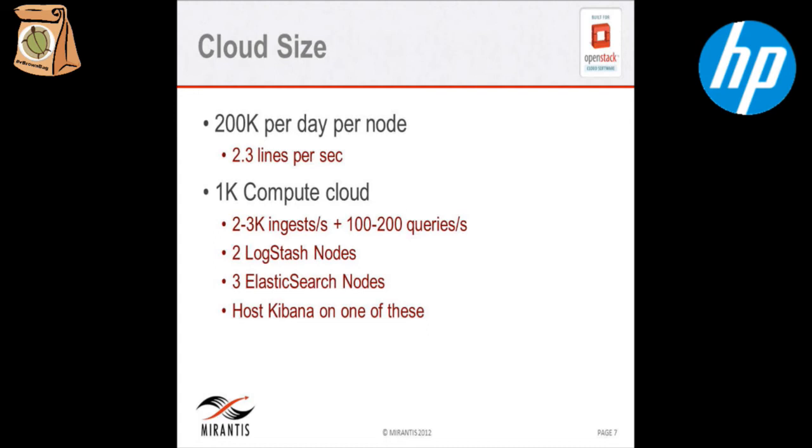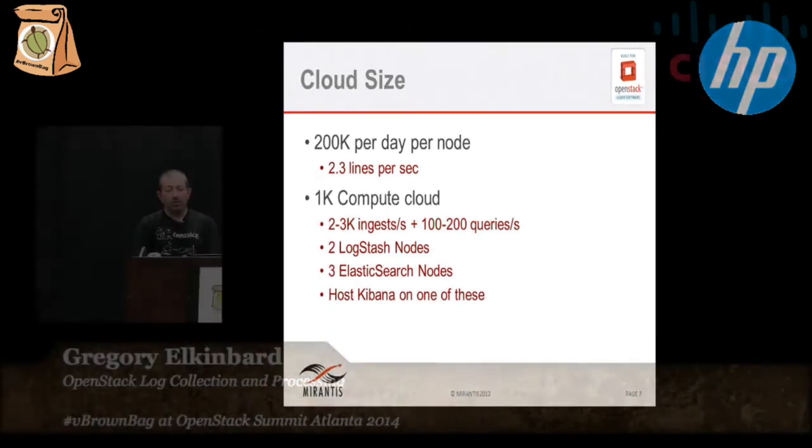And you should probably account for about 100 to 200 queries, because once the log data is in, obviously you want to mine the data for something useful, accumulating statistics, generating alerts based on trends and other information.